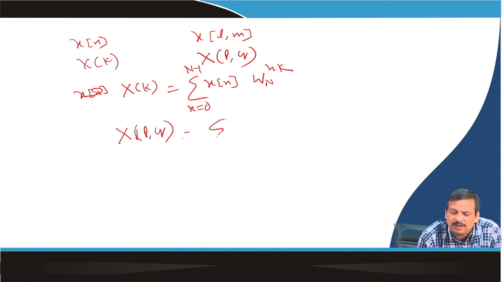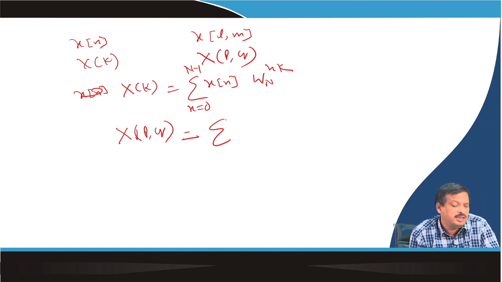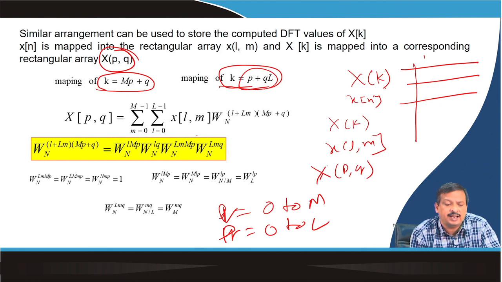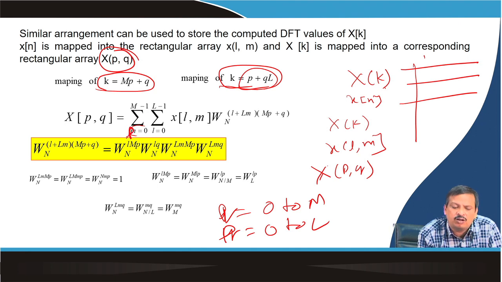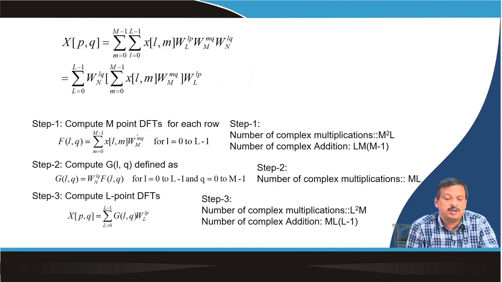There are two dimensions, one is the p dimension, another is the q dimension. So, p is equal to 0 to m minus 1, and sorry, this will be m.